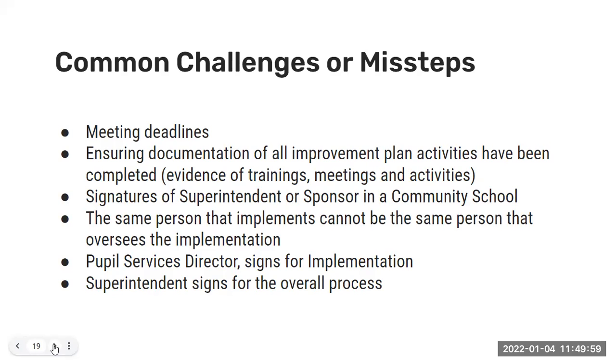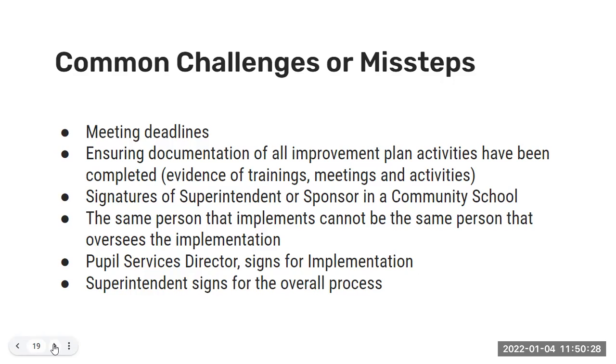That will be evidence of trainings, meetings, and activities. And then this gets a little confusing for people because there are two places to be signed. One will be signed by the director of pupil services or special education director, but some people forget that the superintendent or the sponsor has to sign too. So that has caused a few missteps in the past.